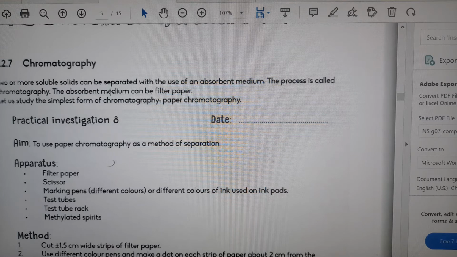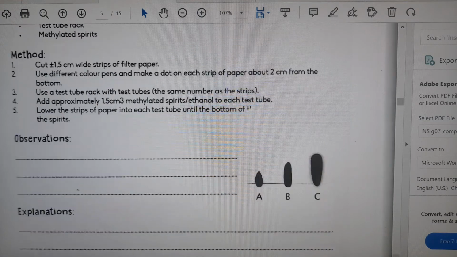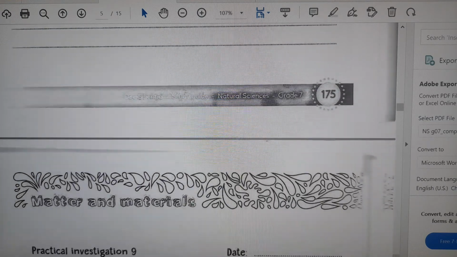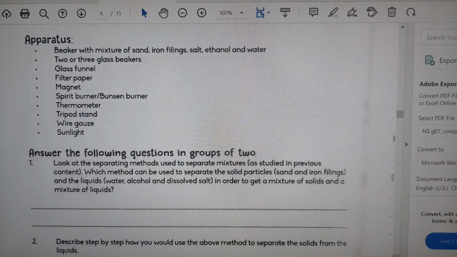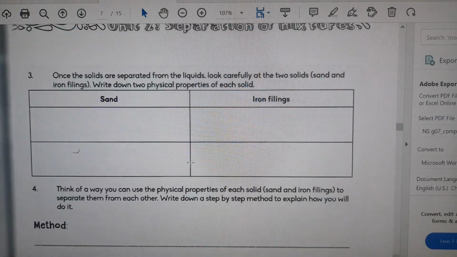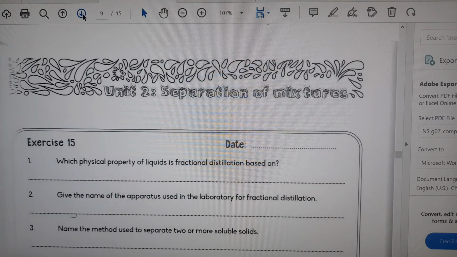The absorbent medium can be a filter paper. Let us study the simplest form of chromatography, which is paper chromatography. We're not going to do this now, but what I want you to do is to go to page number 9, exercise 15.